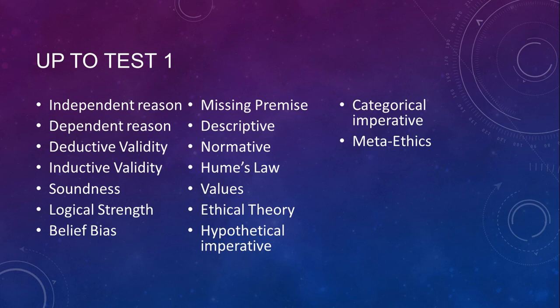So, good things to mention in that: relevance. You might want to explain what you mean by relevance. Yeah? Give an example. This would be a really easy one to give an example of. So generate some example of an independent set of premises leading to a conclusion.